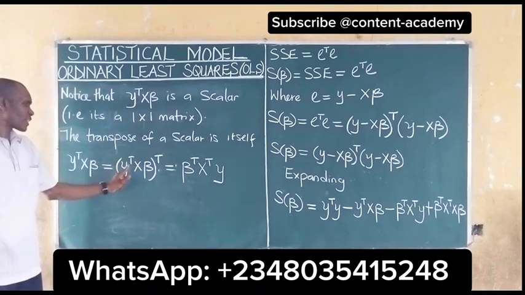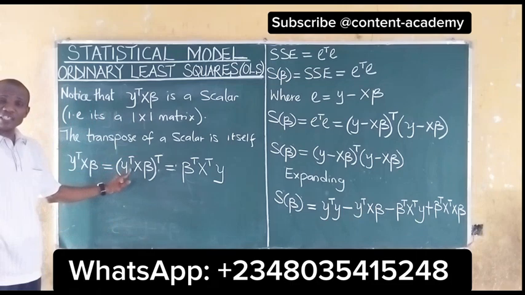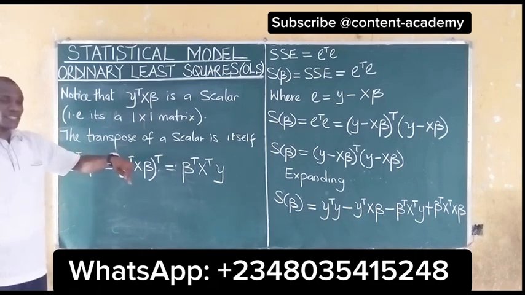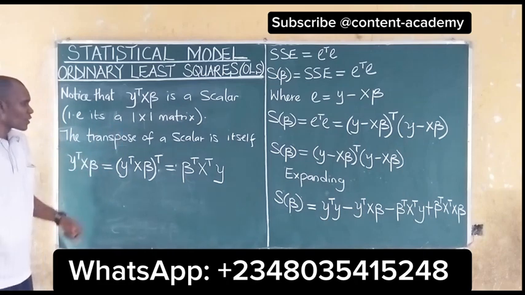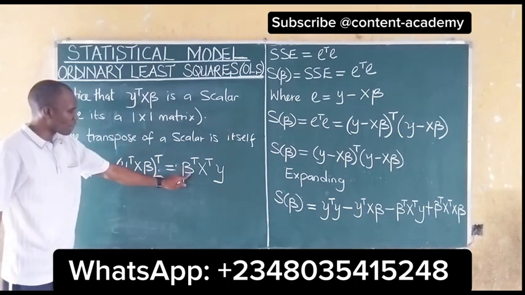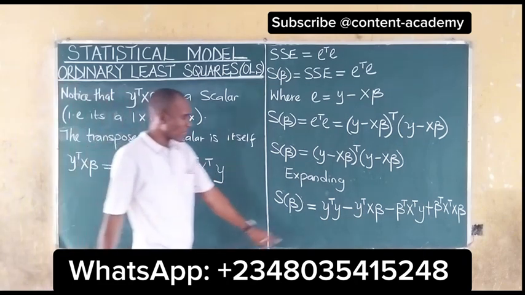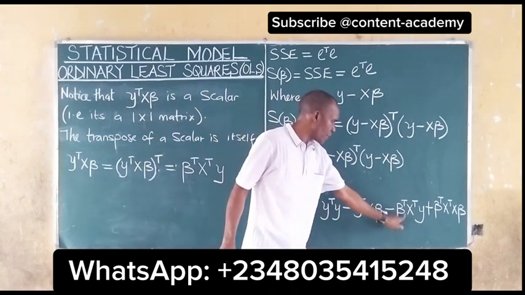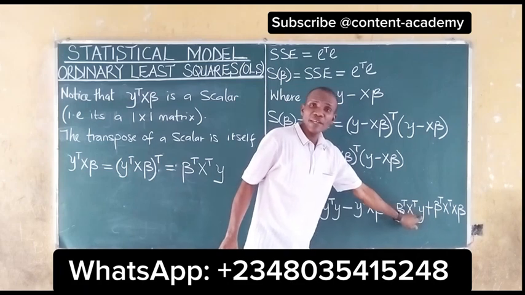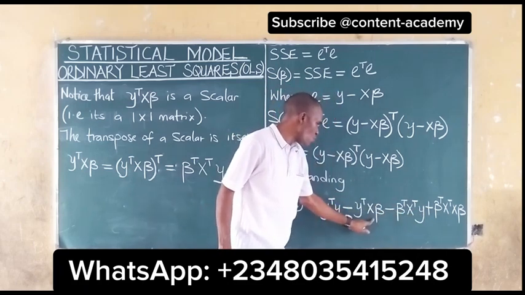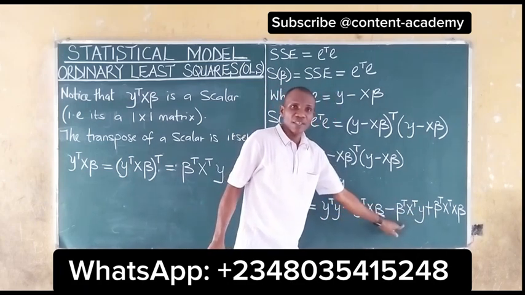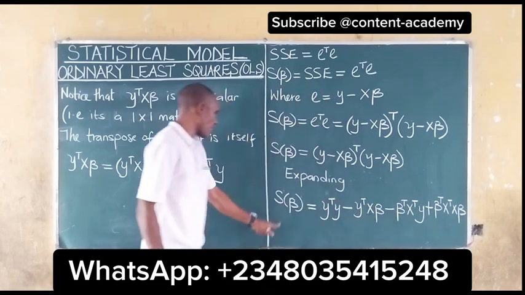Since we have b transpose X transpose y, it's the same thing we have here. It then means that these two are identical.